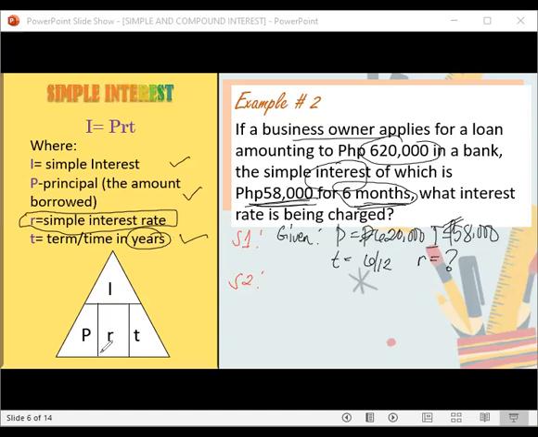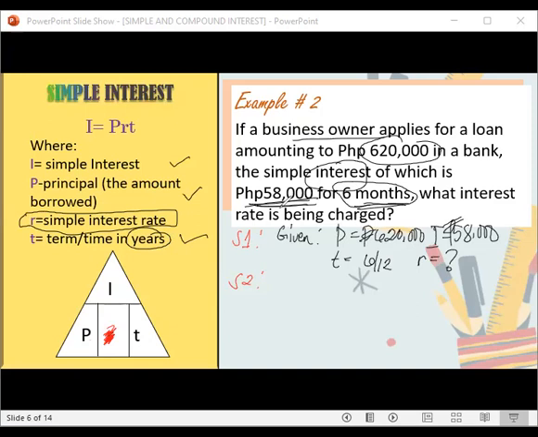So, again, kung ano yung hinahanap or the missing one, tatakpan natin siya. So, takpan natin yung rate. Ano yung matitira? Ang matitira na lang is interest divided by principal times time.